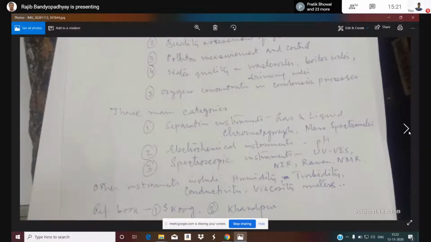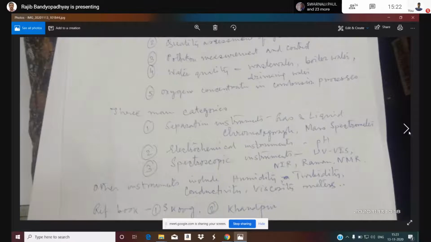They pass through a column, or some tube, and appear at the detector at different times. So this is one class of separation instruments, and these and mass spectrometers are used extensively in research labs, and mainly in refineries.